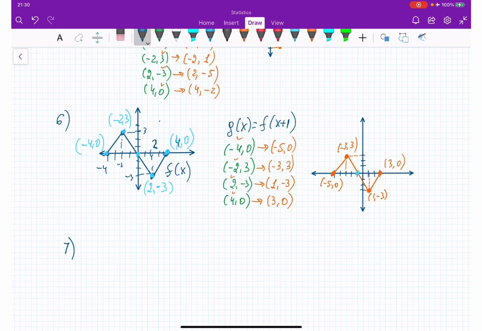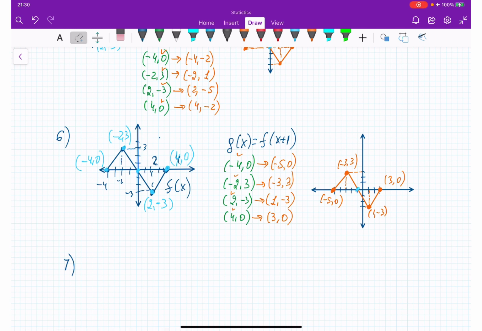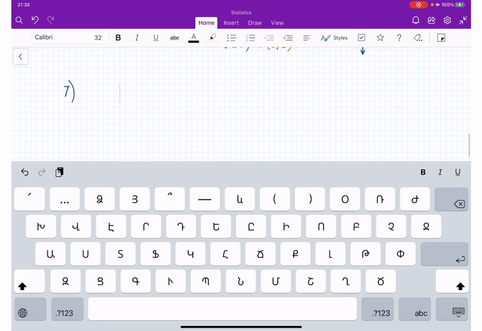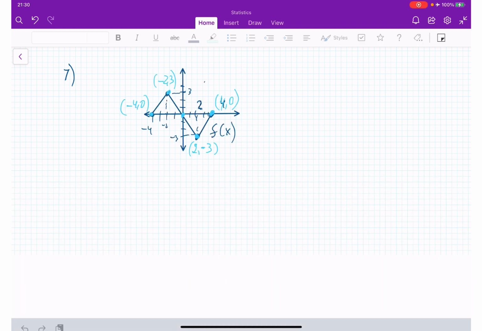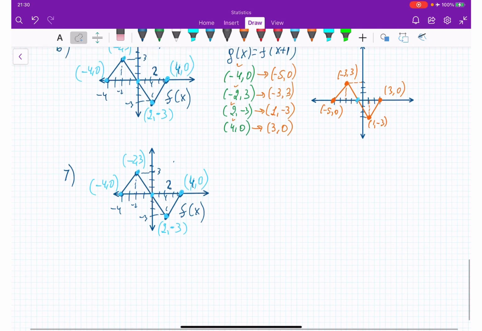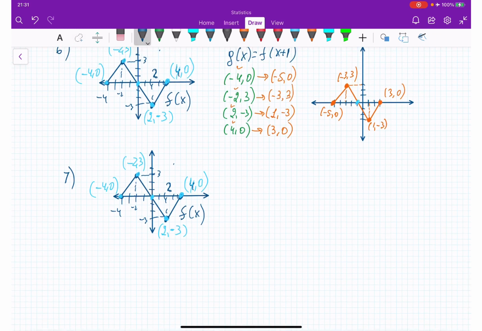Okay, again, copy paste. We have it. So using this graph, we need to graph the function g of x is equal to f of x minus 4 and minus 2.